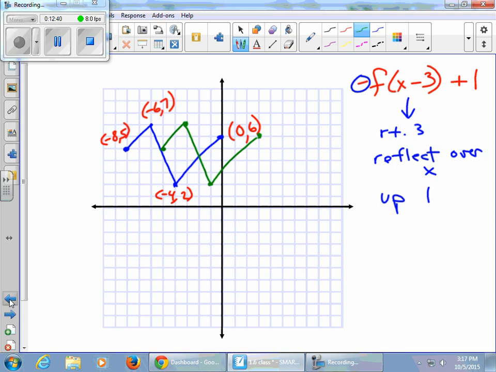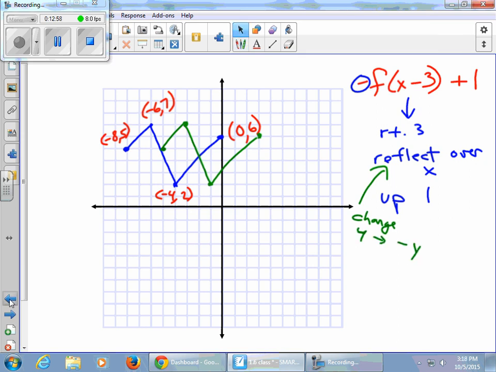Now, if I reflect it over the x, think of what you're doing with those points when you reflect over the x. If I reflect over the x, I'm changing my y. So it becomes -y. All right, so if we look at this, this was -5, 5.